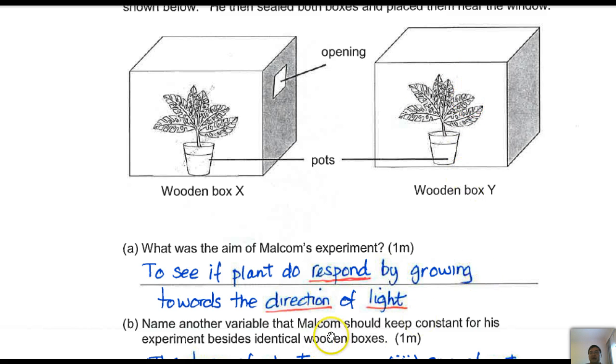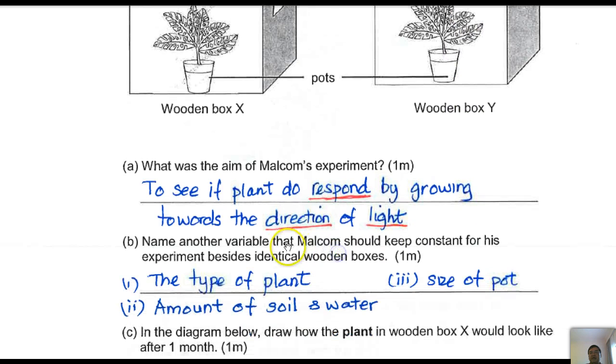All right, now name another variable that Malcolm should keep constant for the experiment besides identical wooden boxes. The type of plant. You cannot have a kind of plant which is quite stiff and a plant which is quite flexible, and one of them could respond better, and one of them could not even respond.